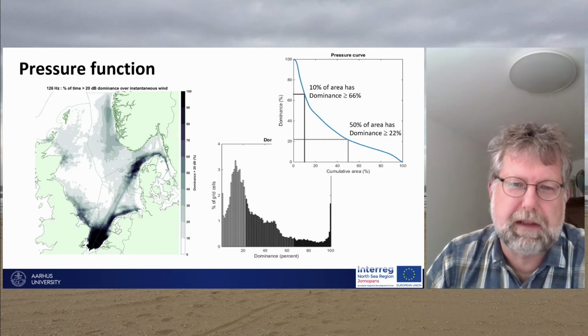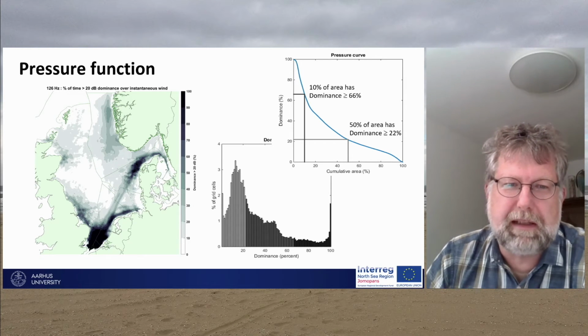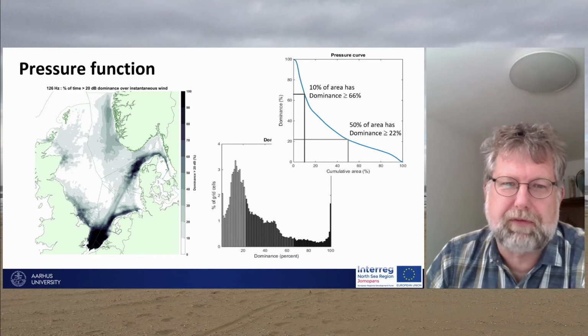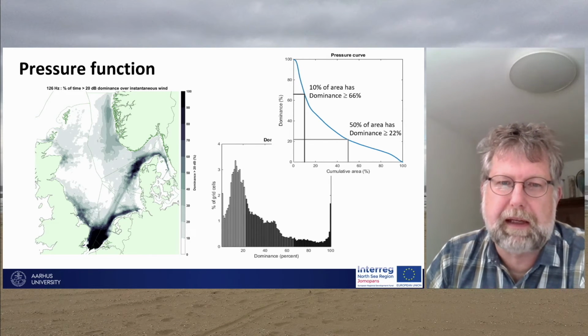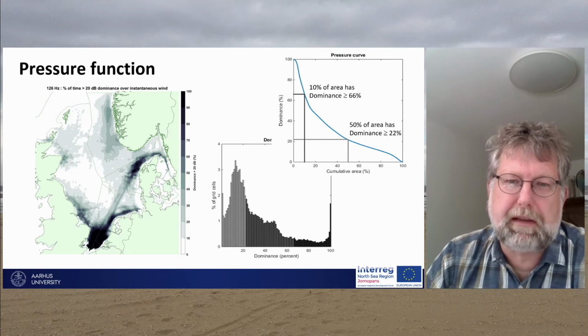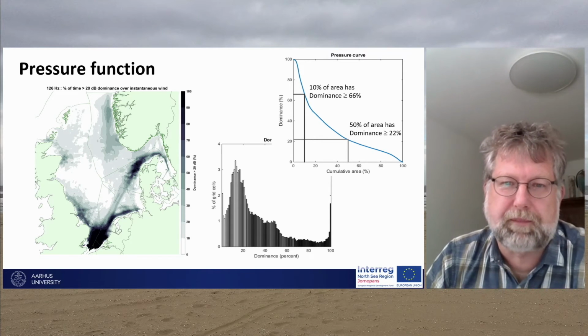That's the histogram to the right, where you can see in this case in the North Sea, a large part of the North Sea has low levels of dominance, and 50% of the area has a dominance that is 22% or lower.